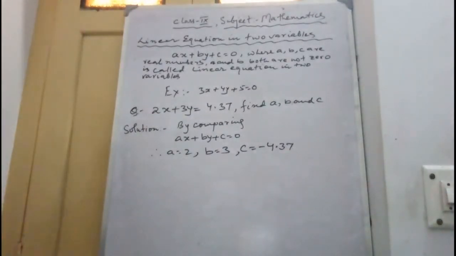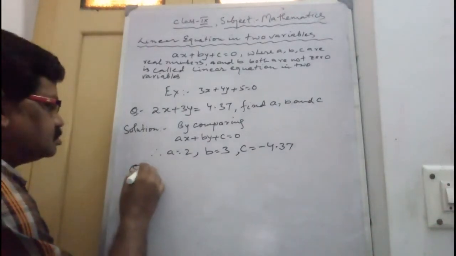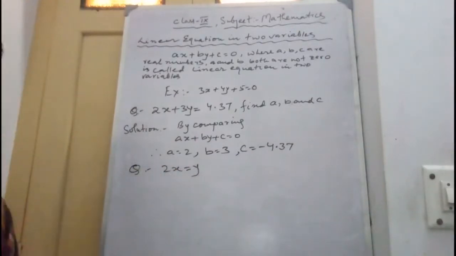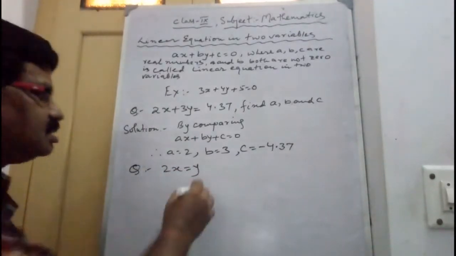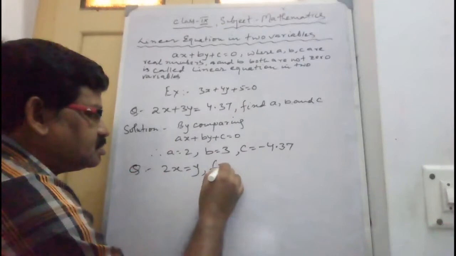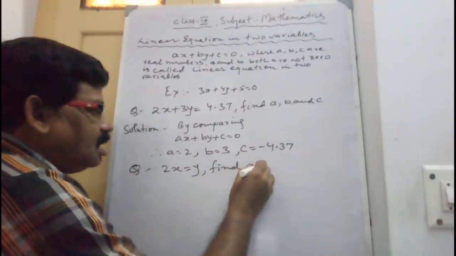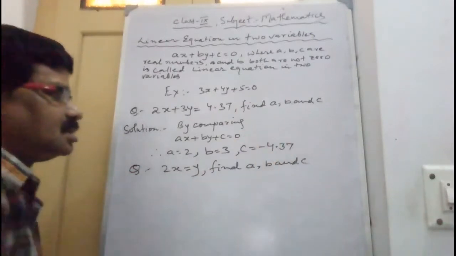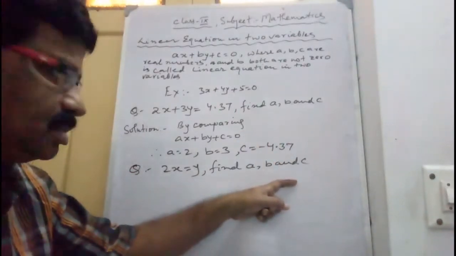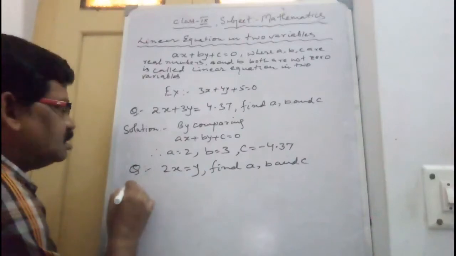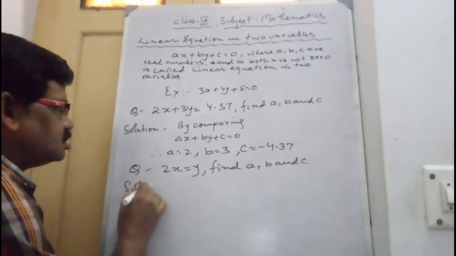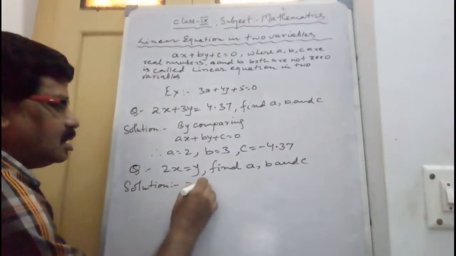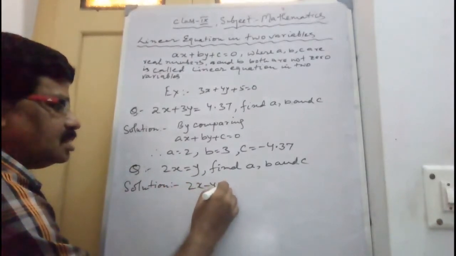Next question. 2x equal to y. Here you also find a, b and c. That means find the value of a, b, c. Solution. 2x minus y equal to 0.